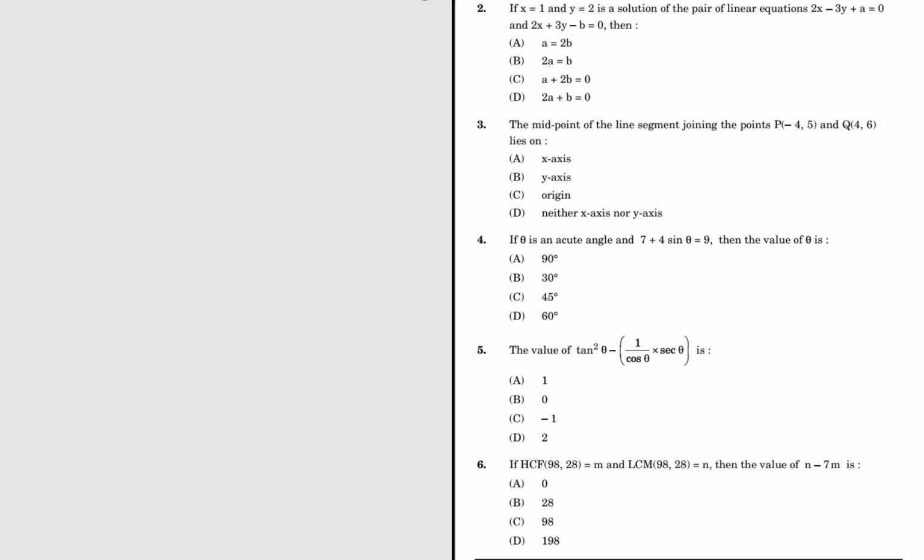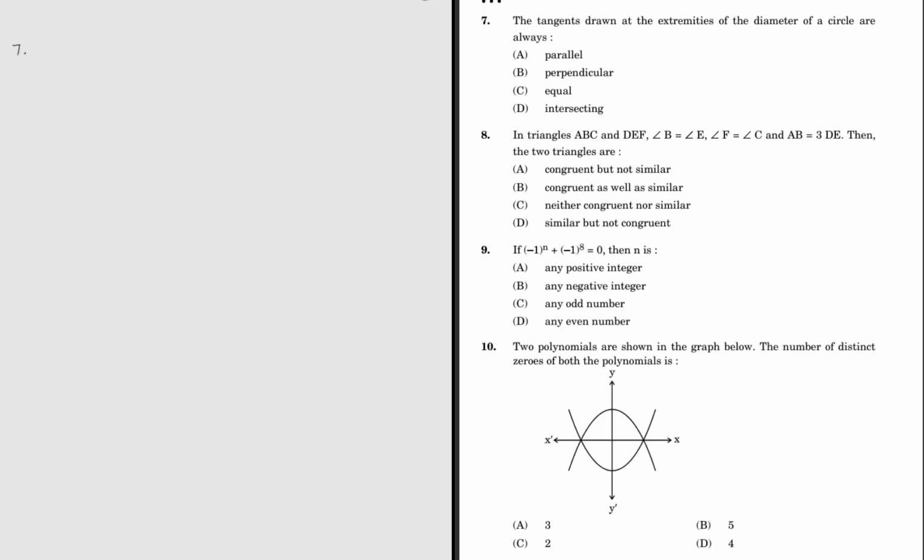Okay, now we will go to the seventh question. The tangents drawn at the extremities of a diameter of a circle are. Okay, first let us draw a circle.